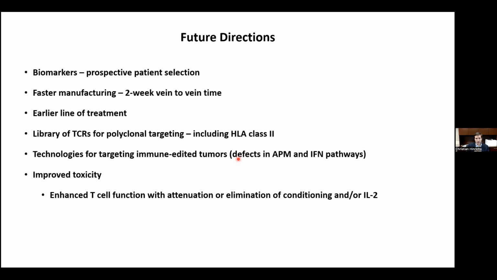We're also working with technologies for targeting immune-edited tumors. And we're trying to improve toxicity by enhancing T cell function so that we can attenuate or eliminate the conditioning and IL-2. And for time, I will stop here.